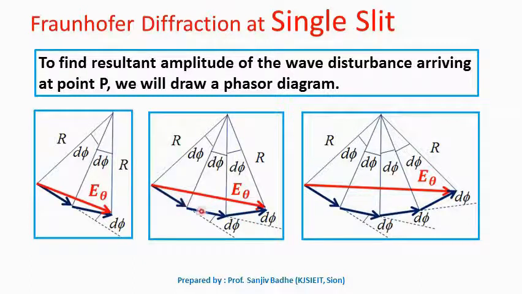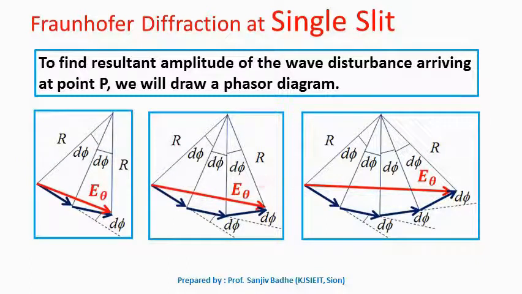Vector number 1, vector number 2, the angle between them is d phi. Vector number 2, vector number 3, the angle between them is also d phi. Now, the resultant E theta will be the vector joining the tail of the first and the head of the last vector. So, this is the resultant amplitude.